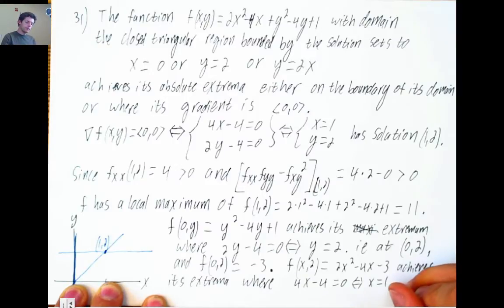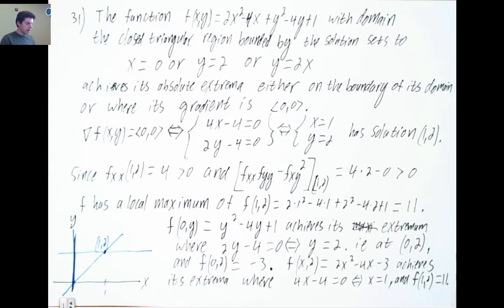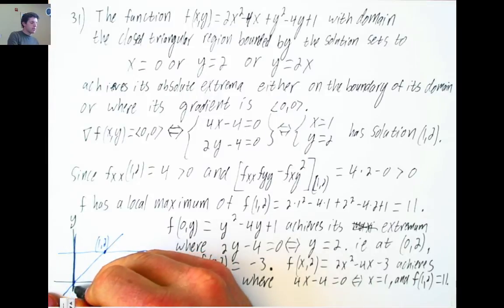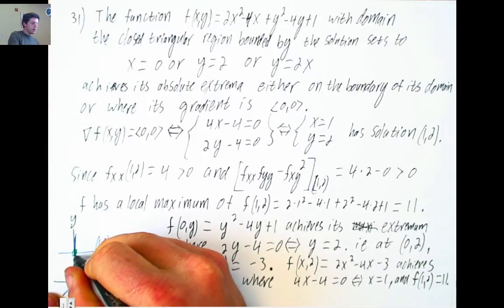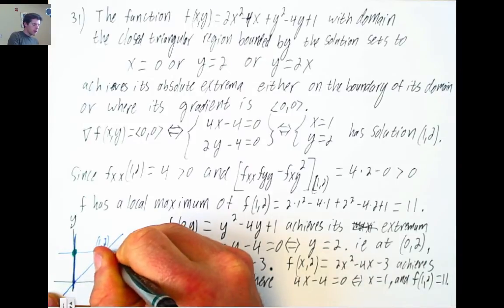So f of 1, 2 is equal to, hey, didn't we already do that? It's 11. So we are finding that the biggest our function is along this line is right there.